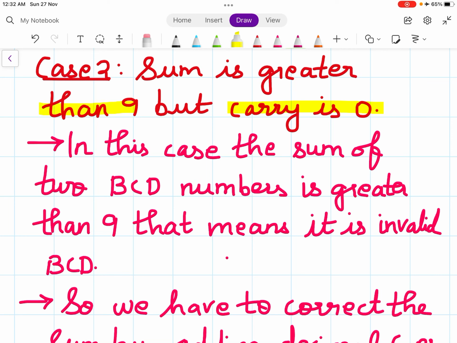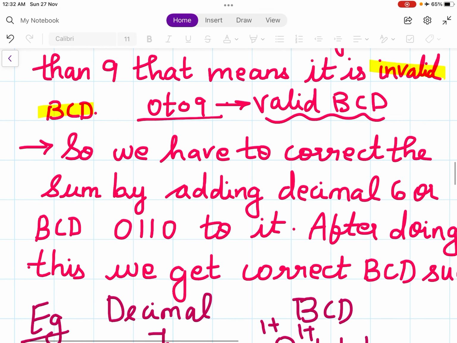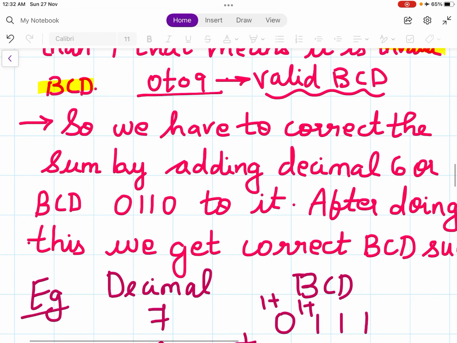So what we have to do? In this case, the sum of the two BCD numbers is greater than 9. That means it is an invalid BCD. From 0 to 9 you have valid BCD numbers. Greater than 9 is invalid BCD. So you need some correction. We have to correct the sum by adding decimal number 6.